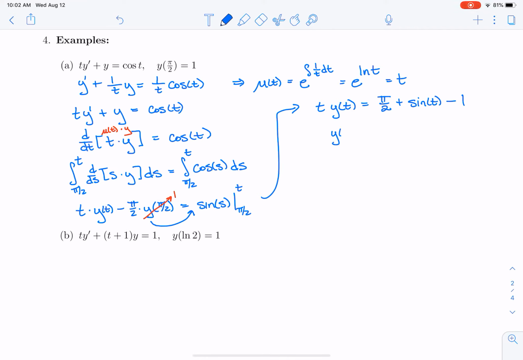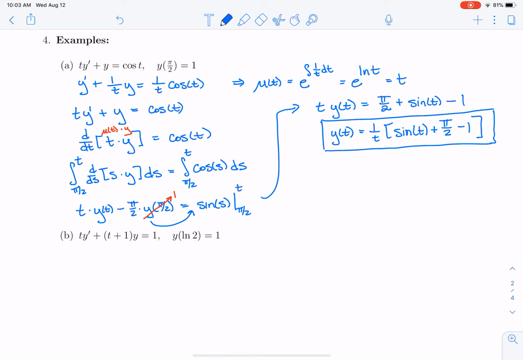So y of t, in this case, is going to equal 1 over t times sine of t plus pi over 2 minus 1. So that is our solution. Now, I challenge you to, again, substitute this solution into the differential equation to make sure that it satisfies the differential equation and then it matches the initial condition, okay?